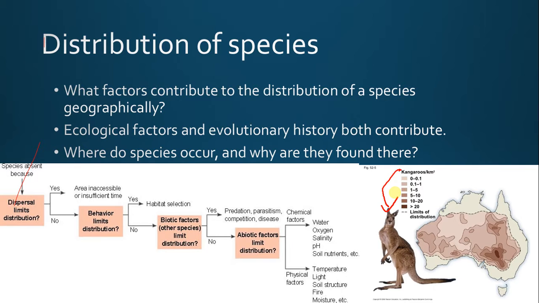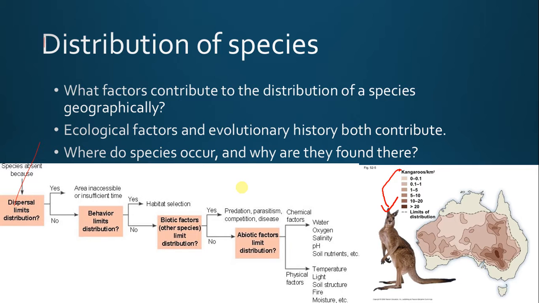Because that happened to be where it evolved, and because the Australian continent diverged and formed an isolated island, kangaroos really haven't been able to become more widely distributed than in Australia itself. That's an example of an evolutionary history factor.